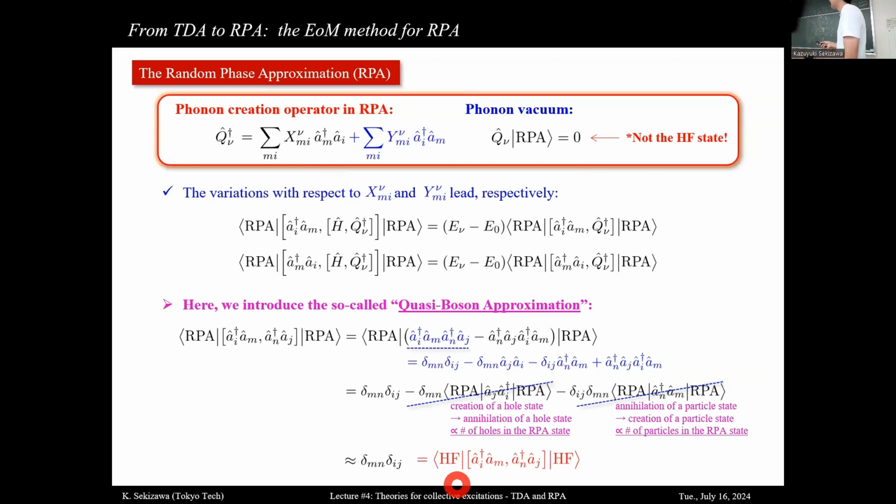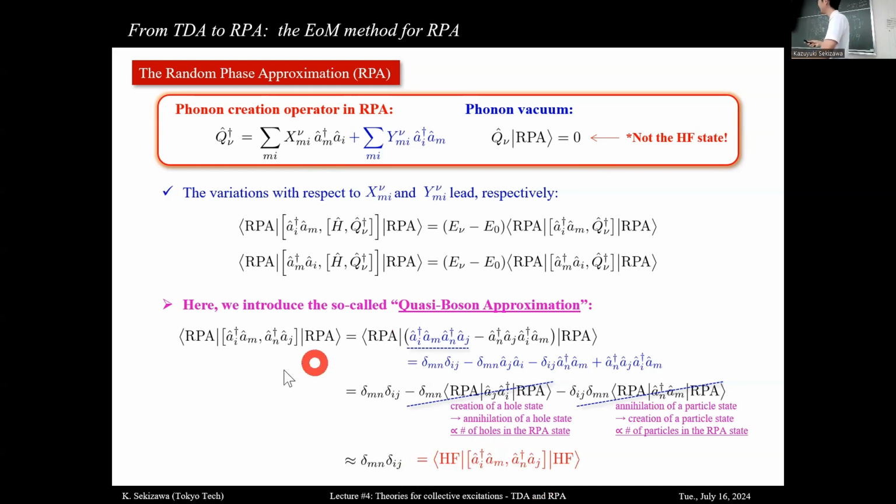It is equal to what we have in the equation for the Hartree-Fock state. If you take this expectation value with the Hartree-Fock state, it will be just Kronecker deltas.